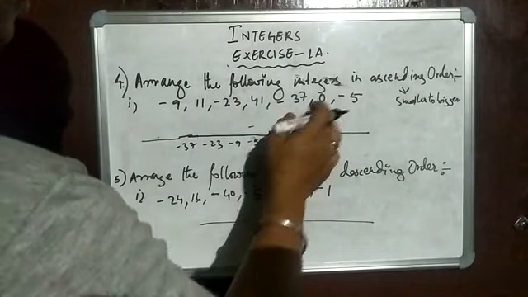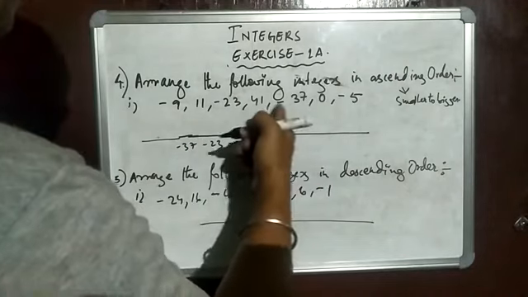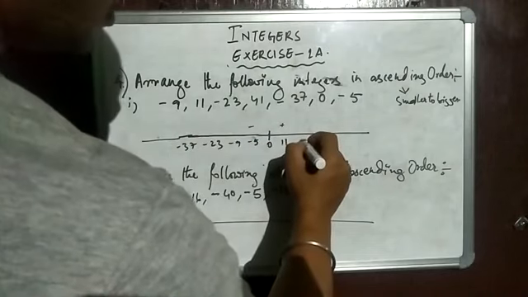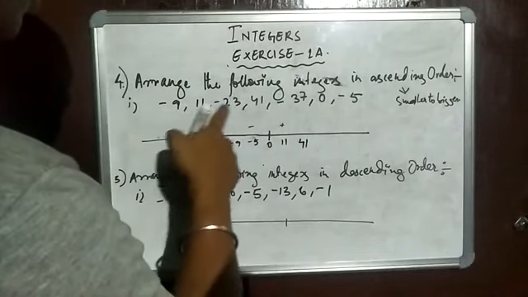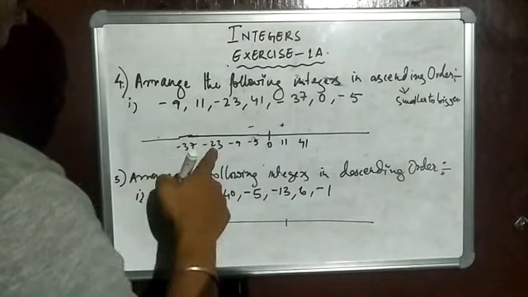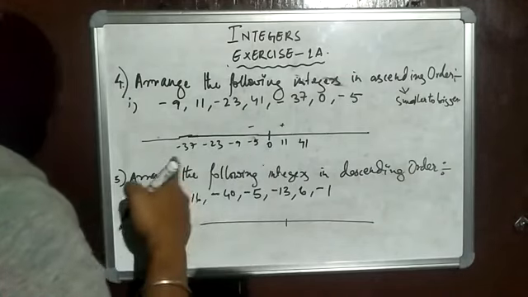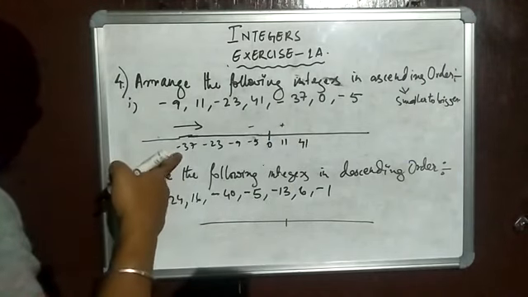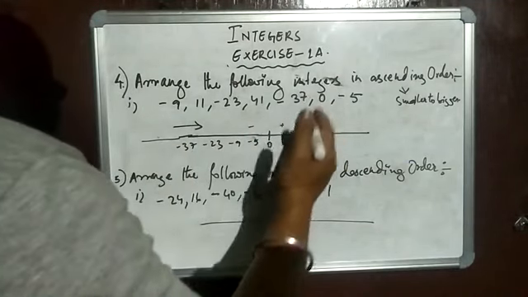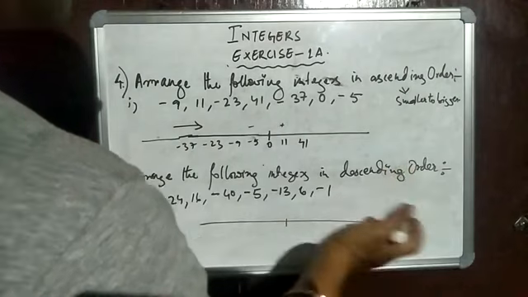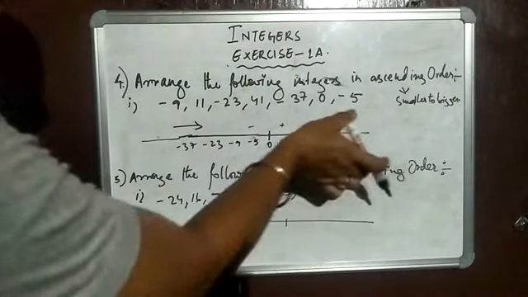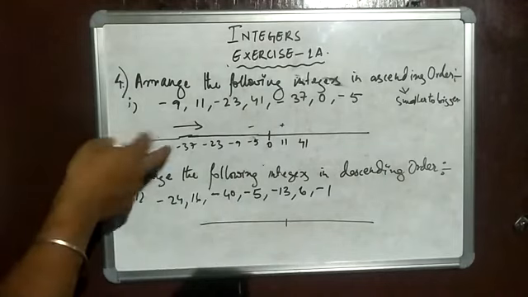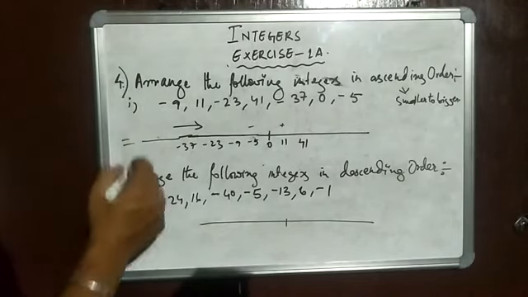On the plus side we have 0, and after that 11 and 41. Altogether there are 7 numbers. So it goes smaller to bigger, the smallest is minus 37, and then it goes to the bigger side, the plus side. If you use the number line, you don't have to do the same question again, and the answer comes in one line.